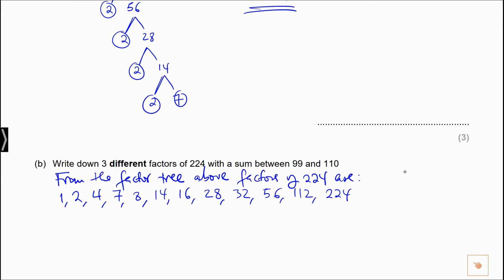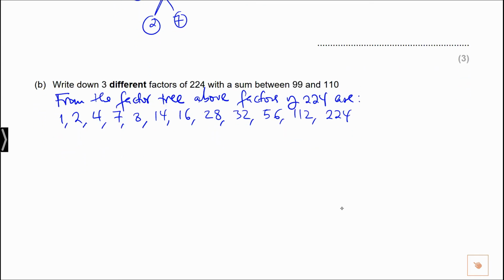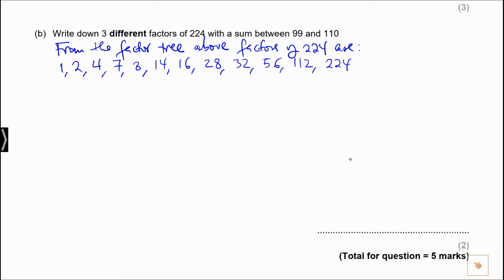And then from these factors, we can try and find 3 different factors that would add to a sum that's between 99 and 110. You can check this on your calculator.